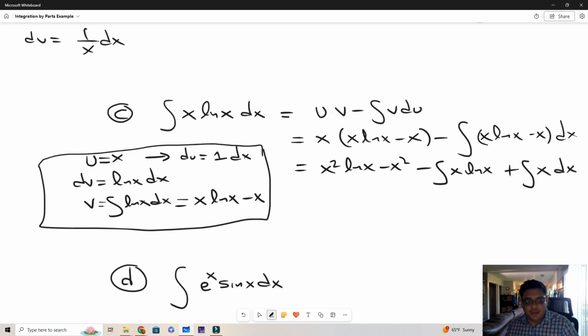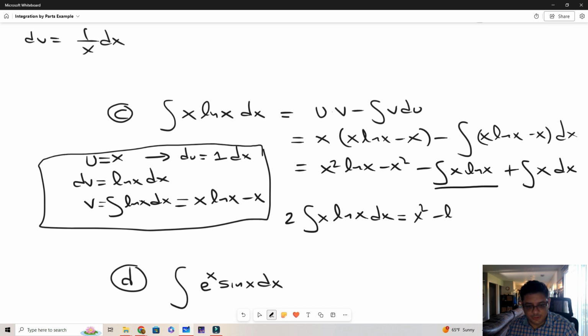Okay, but notice that this integral is exactly the same as the original that we have. So we're going to move this to the other side. And so now we're going to have that 2 times the integral of x log of x dx is going to be x squared log of x minus x squared, and this one is going to provide me x squared divided by 2, plus c.